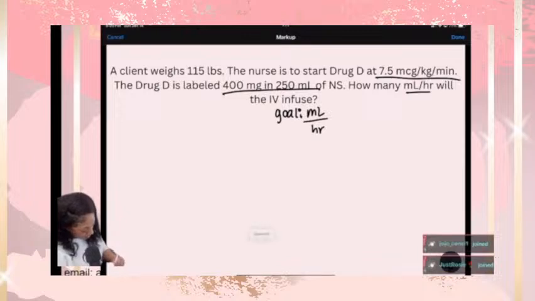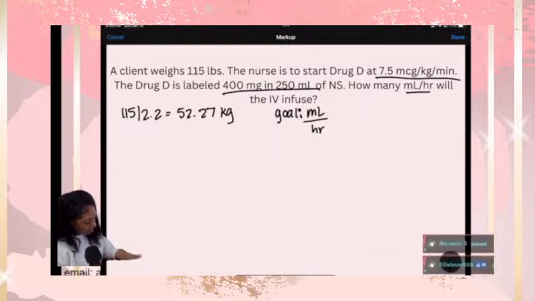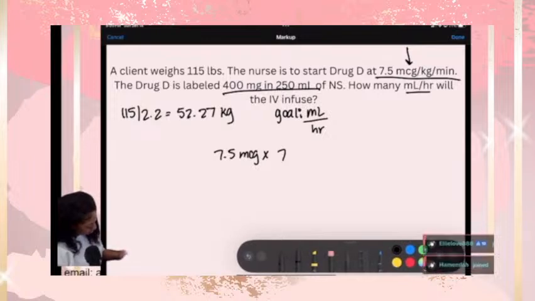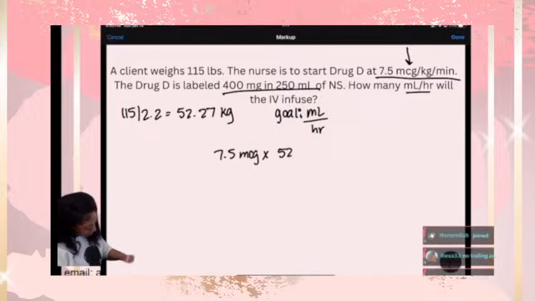So 115 divided by 2.2 is going to be 52.27 kilograms. So now we look at our order and we'll take our 7.5 micrograms times 52.27 kilograms, okay? So 7.5 times 52.27.